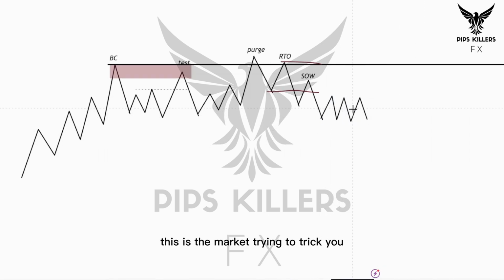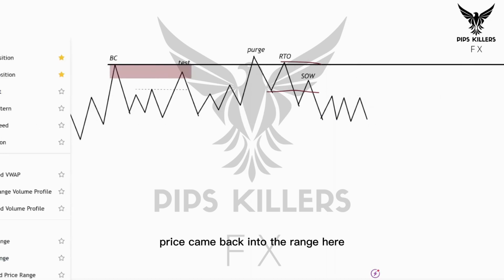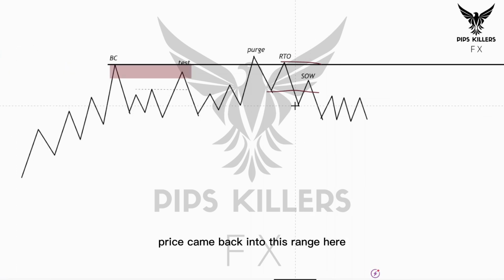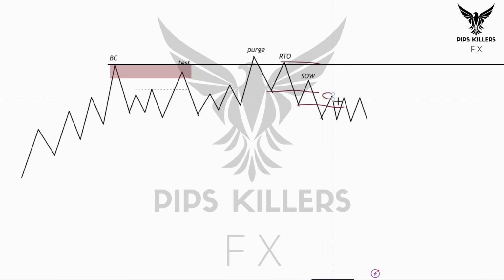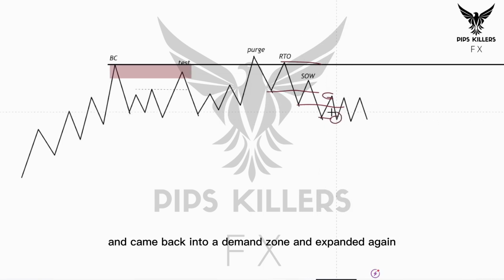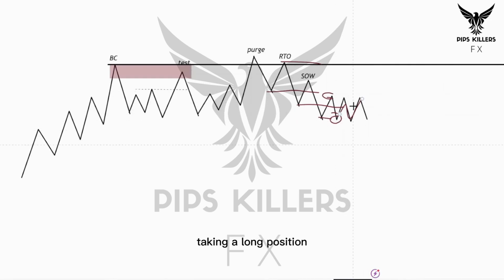This is the market trying to trick you one last time before going the intended way. They're trying to make it seem that price came back into this range here, and then formed your micro range and came back into a demand zone and expanded again.